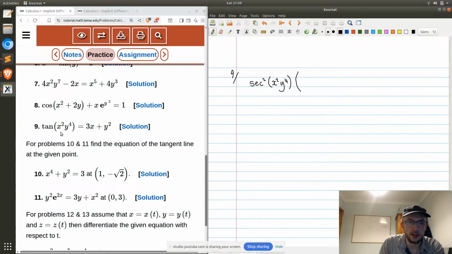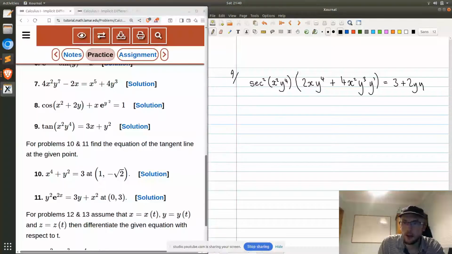And we have a product to deal with. First function plus, and now second function. Just like that. And set that equal to 3. Like that.